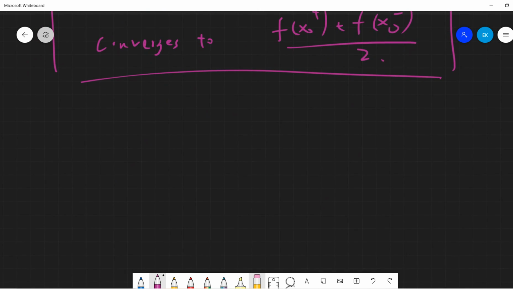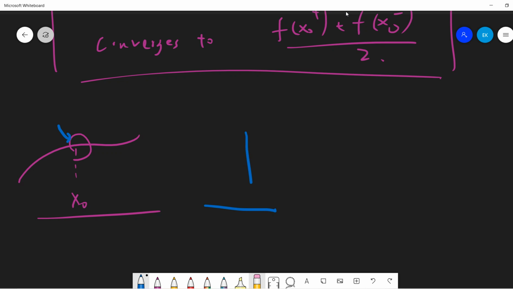So basically, what we are saying is that if f is continuous at x naught, then the Fourier series converges to the same value. And if f has a jump at x naught, then the Fourier series will converge to the average of the two limits, the midpoint. Okay, this theorem is not easy to prove, but the convergence is easy to prove.